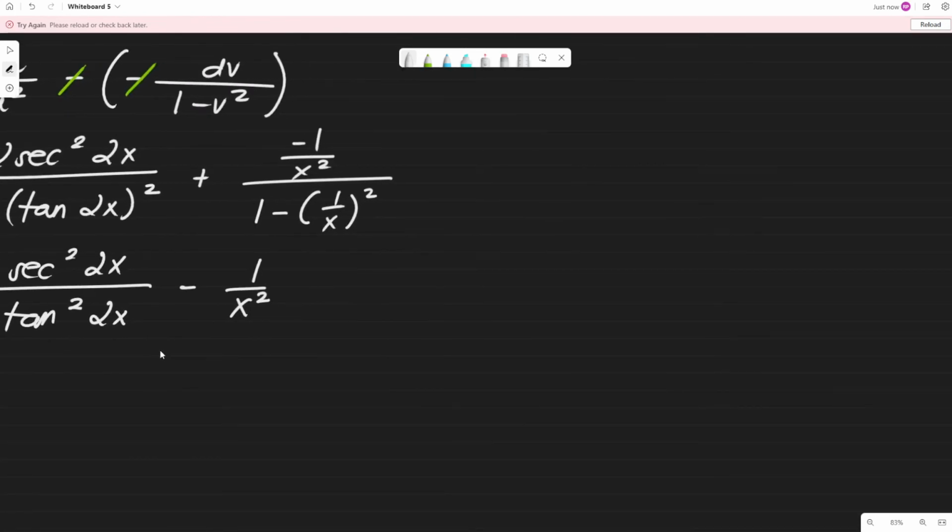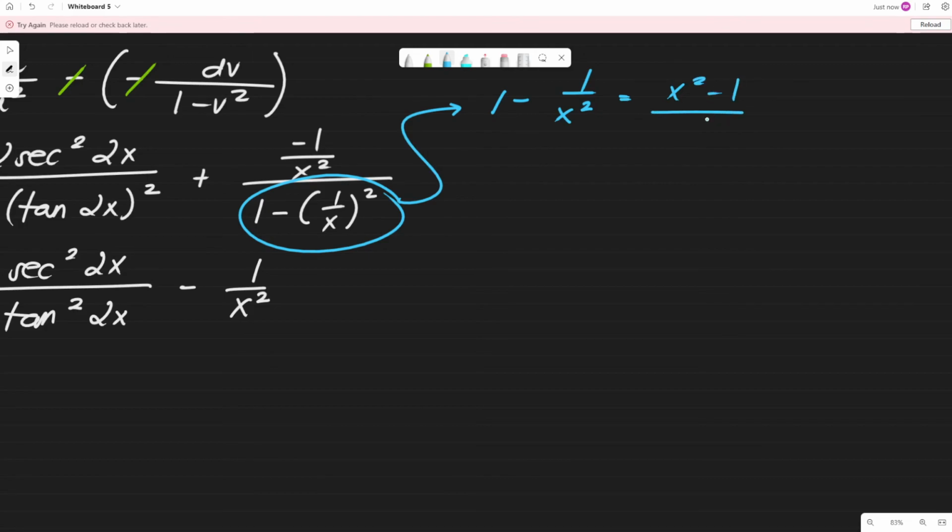Ito yung denominator natin. Diba? This can be simplified, 1 over x squared. Tapos this is equal to x squared minus 1 over x squared basically. Now, so we can multiply the what? The reciprocal. So times x squared over x squared minus 1.